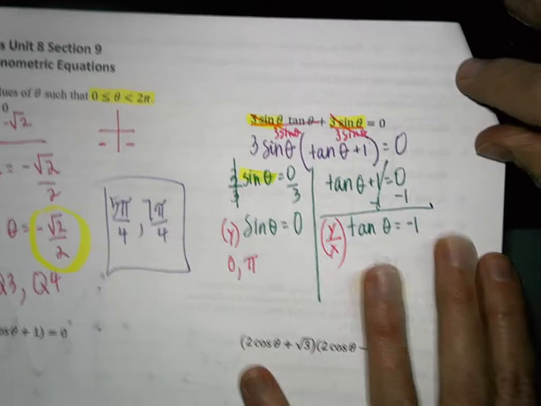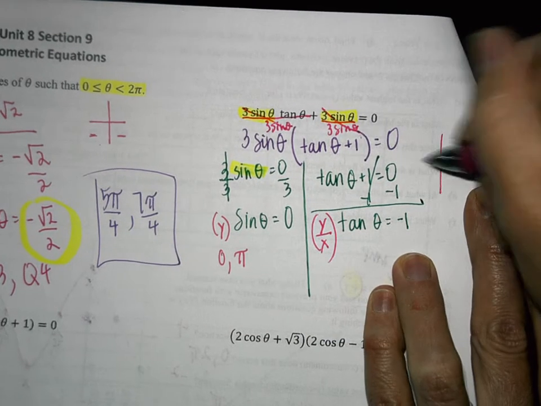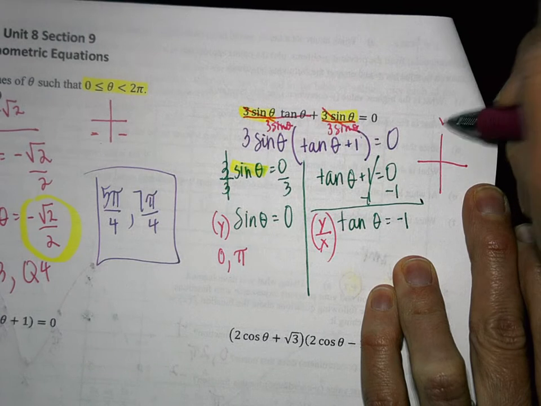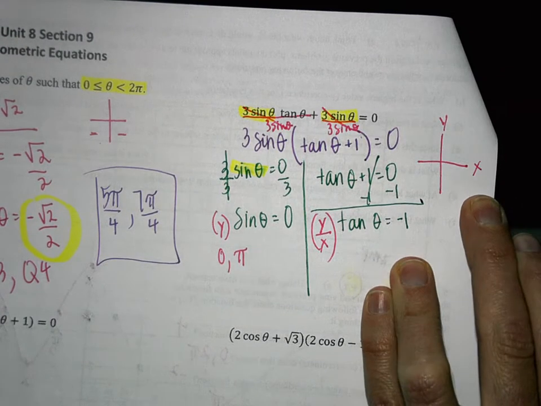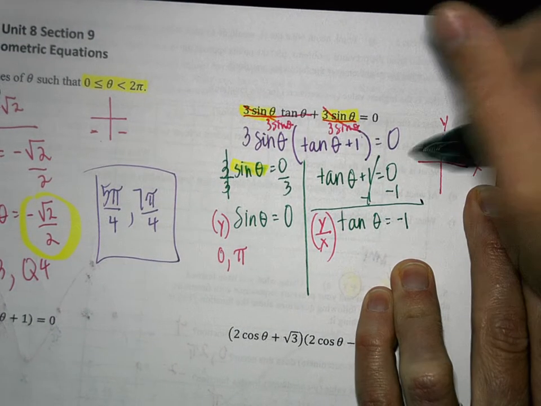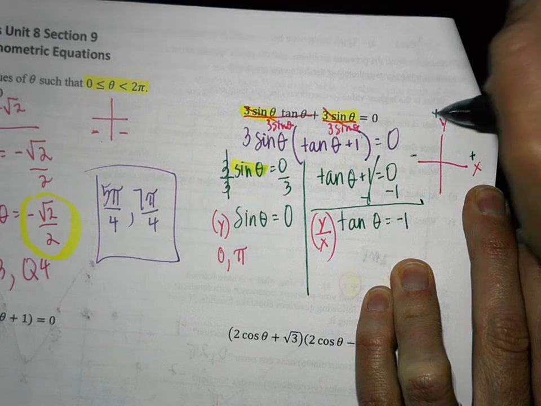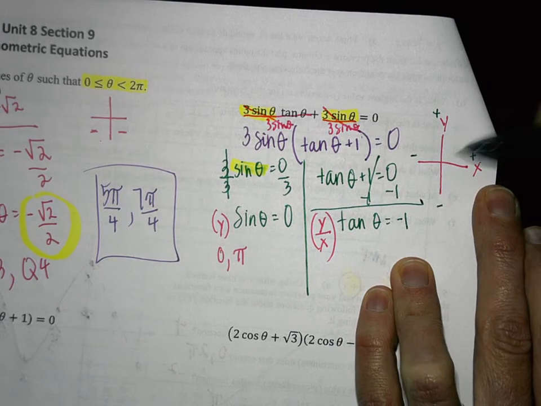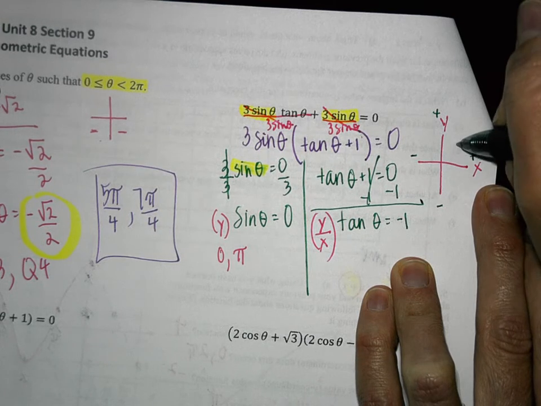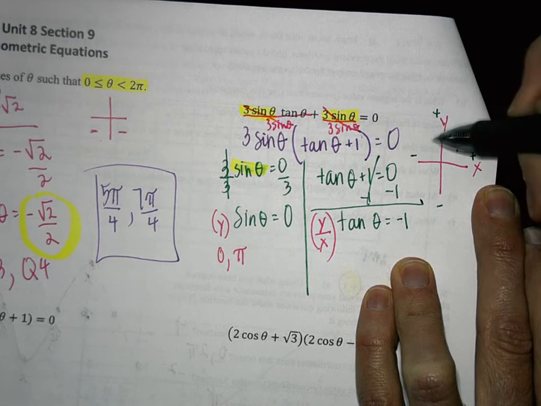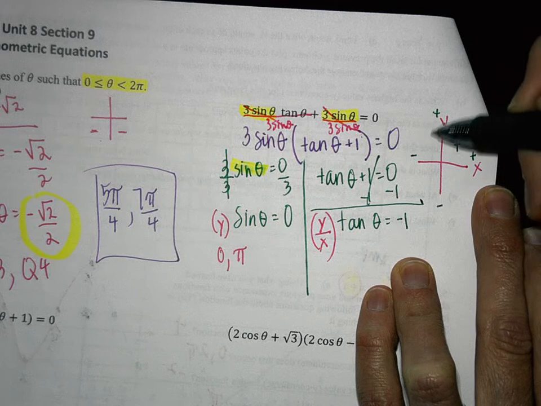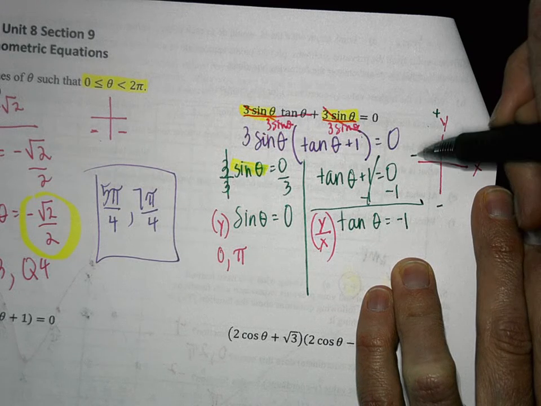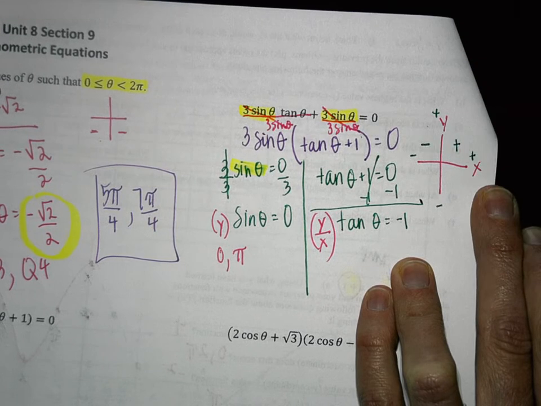If we're looking at our coordinate plane, going to the right is positive, left is negative, up is positive, down is negative. In quadrant 1, y and x are both positive, so tangent's going to be positive. In quadrant 2, our y is positive and our x is negative. So positive divided by a negative makes a negative.